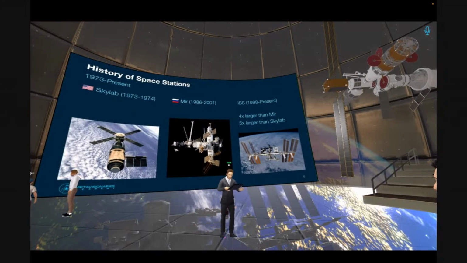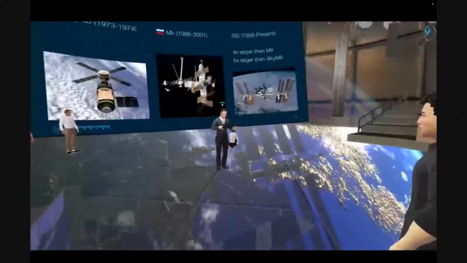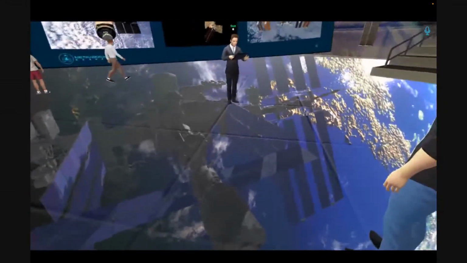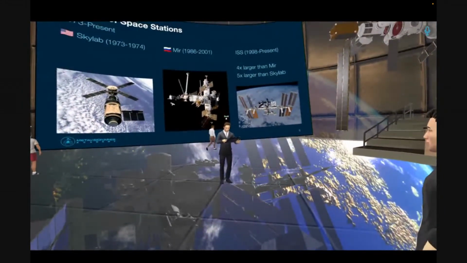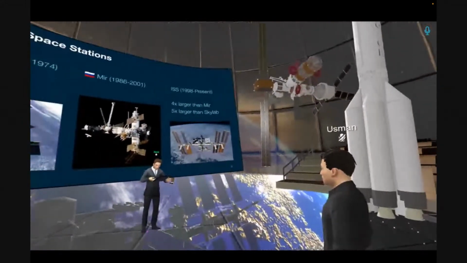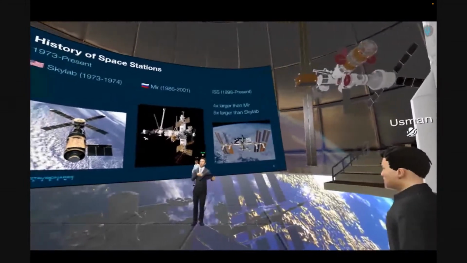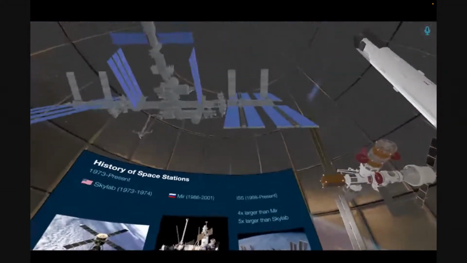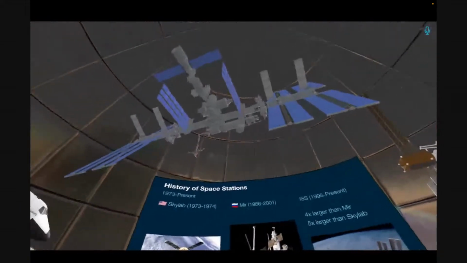And then finally on the right, we have the current space station, the International Space Station, which came immediately after the Mir space station. This space station began in 1998 and continues operation today. And I put it here as a comparison to the other two because I want to emphasize just how big it is. It's very, very big.